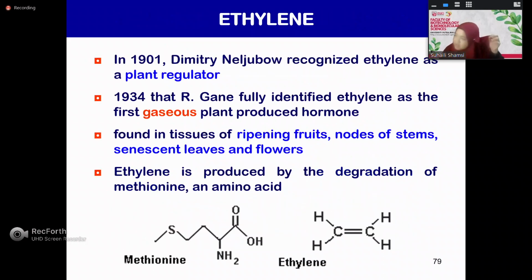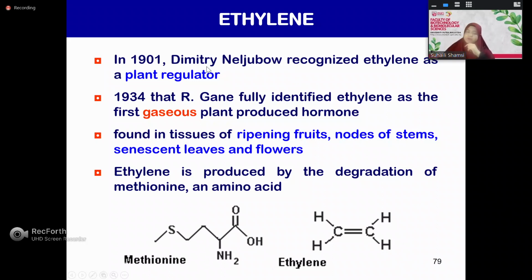All right, ethylene is, if you still remember your biological chemistry, a common name for this compound here, which is ethene. It occurs in the form of gas, and it's basically a result of degradation of methionine, which releases ethylene.